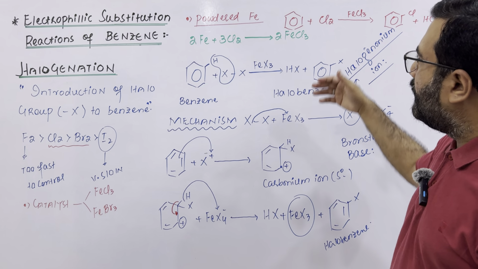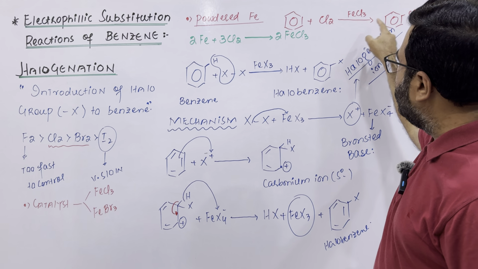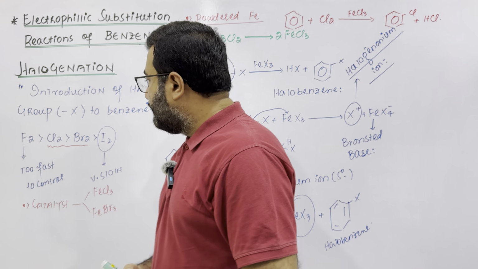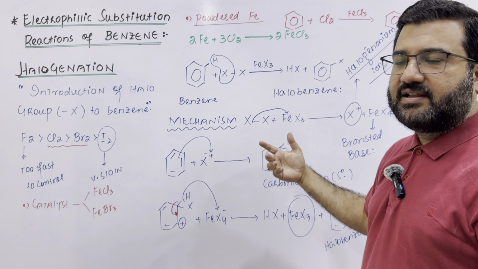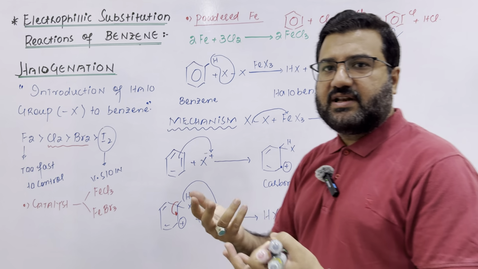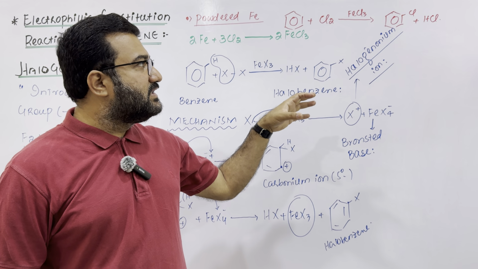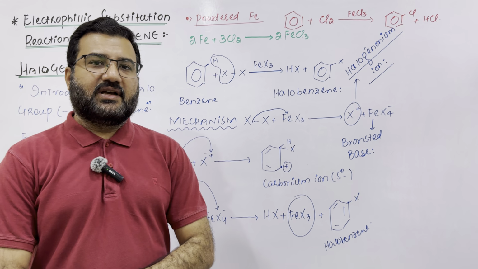Similarly, if there will be bromine, then the benzene will react with bromine in the presence of FeBr3, you will get bromobenzene and HBr is produced. So we have talked about the general mechanism in which no halogen is specified, rather X2 means a general halogen is taken. So in this way, the halogenation produces the mono-substituted halo products.